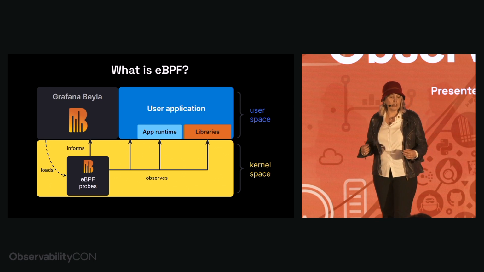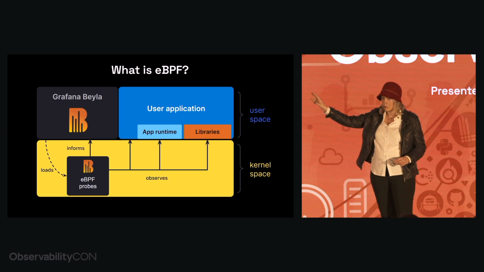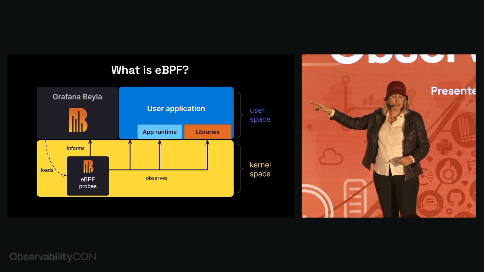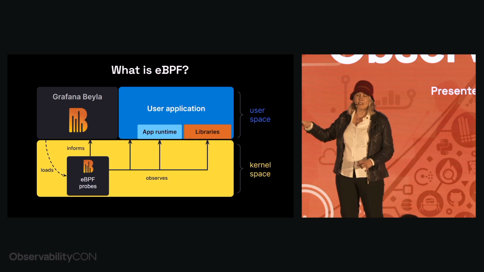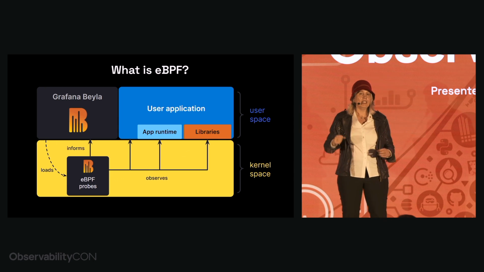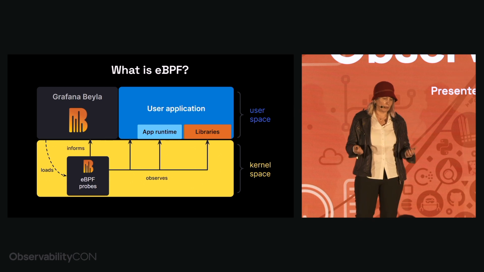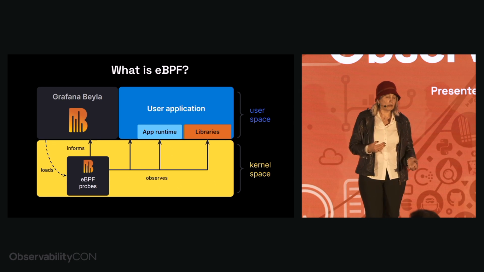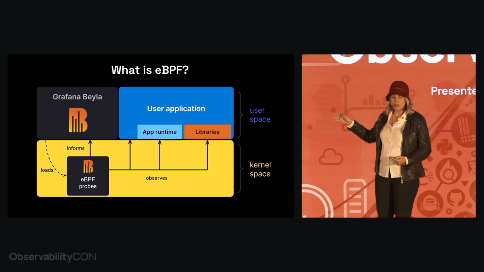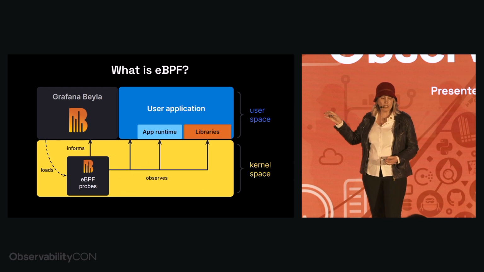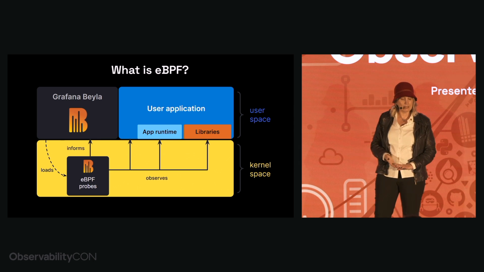eBPF also provides communication mechanisms so that those probes can pull that data back out into a user space program. The user space program can then take those observed events, make more sense out of them, and send that data to Grafana Cloud in the OpenTelemetry format. For example, Beyla loads multiple probes in different parts of the system: in application functions, in the application runtime, in the Linux kernel TCP/IP stack, as well as some libraries like OpenSSL.